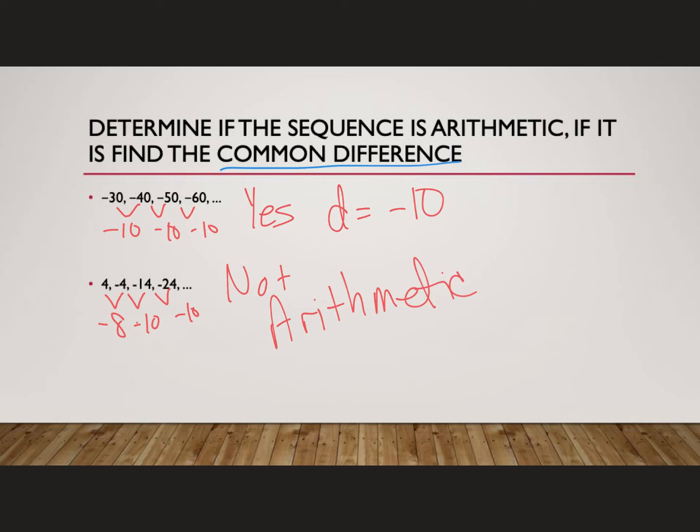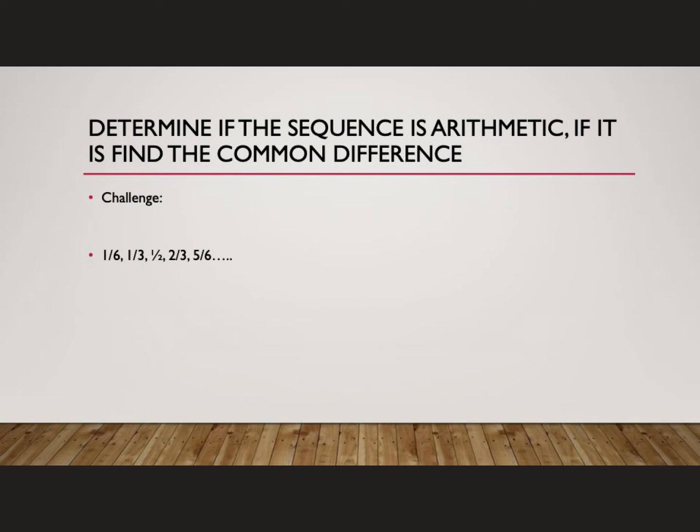Okay, let's get one more. And this one's sort of a challenge. Here I have 1/6, 1/3, 1/2, 2/3, 5/6. Okay, so first thing we have to do is figure out if they have a common difference. To figure it out, we take the second number, so we do 1/3 minus 1/6.